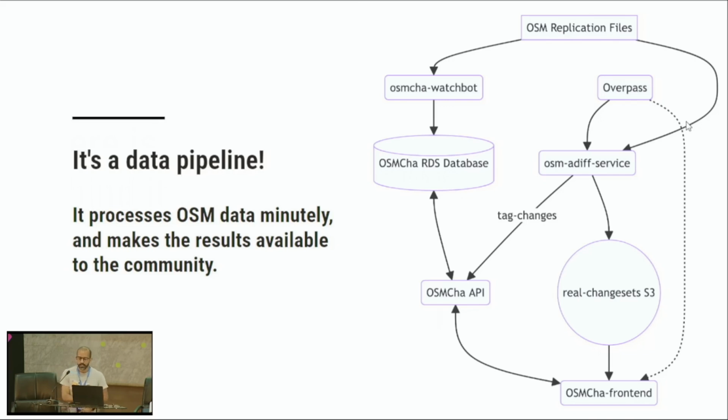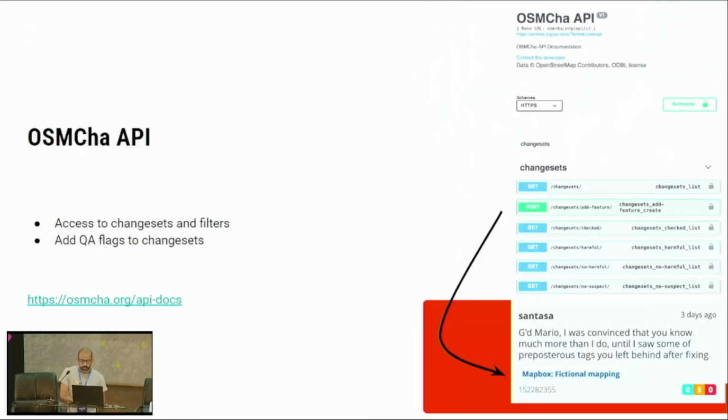And we have a service that we call OSMCha Adiff service. And the main result of that service is what we call the real changesets. So yeah, we have the API that you can use to fetch the changeset data.